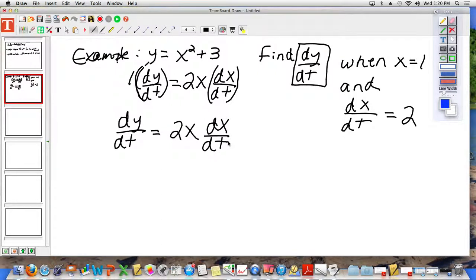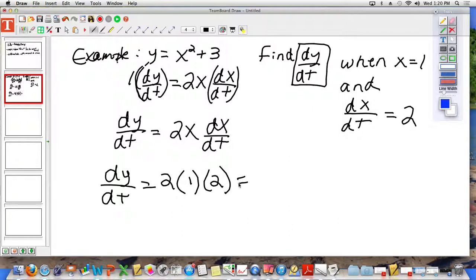Can I figure out dy dt? Yeah, because dy dt is 2 times x, and I know that my x value is 1, and I know that dx dt is 2. So how quickly is my y value changing? 4. It's changing at 4. 4 whatever.